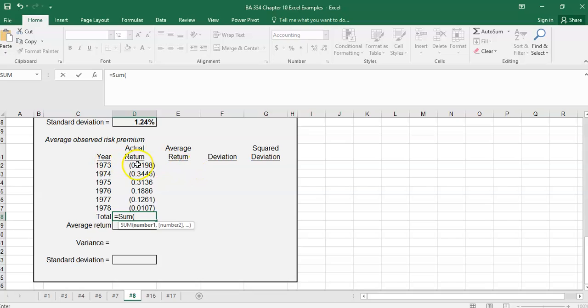We'll add those together and get our average, which is the total divided by 6. So our average.